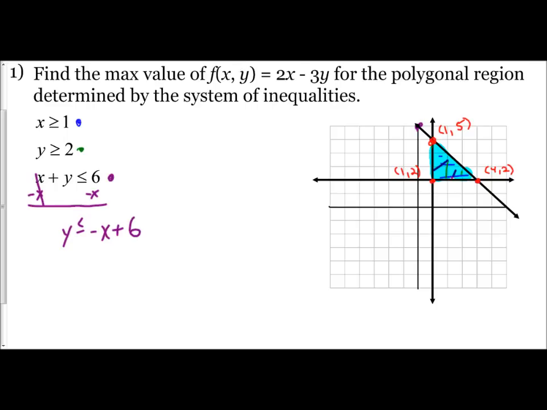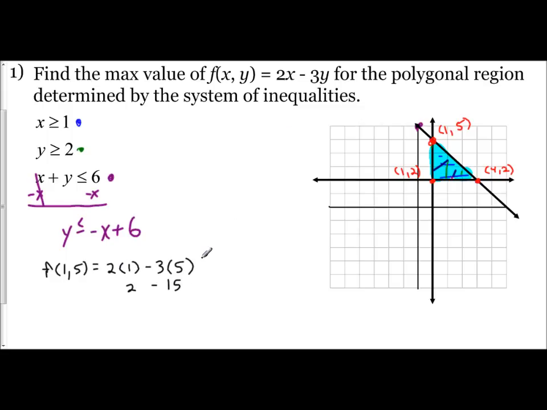Let's first do f of (1, 5). The function at the coordinate (1, 5) means twice your x value of the coordinate, which is 1, minus 3 times the y value of the coordinate, which is 5. So 1 is my x, 5 is my y, and that's what I plugged in. 2 times 1 is 2.